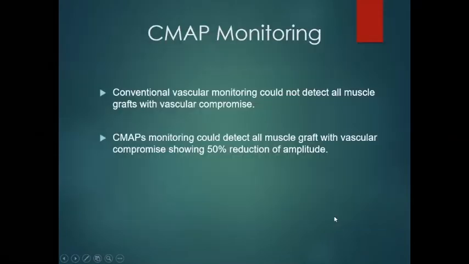Conventional vascular monitoring could not detect all muscle grafts with vascular compromise. CMAP monitoring could detect all muscle flaps with vascular compromise by showing a 50% reduction of amplitude.